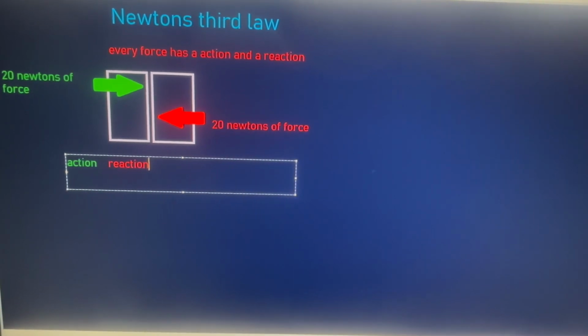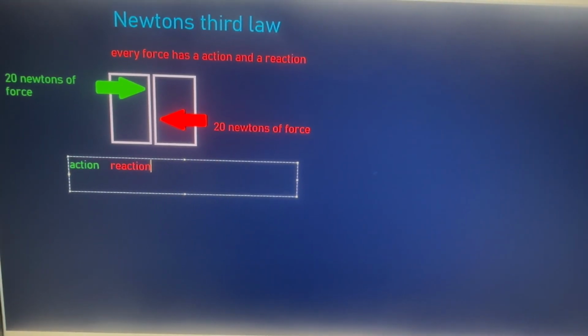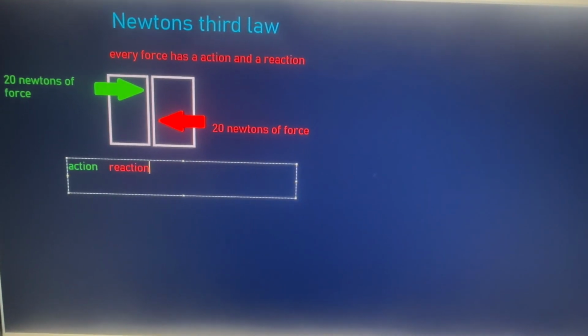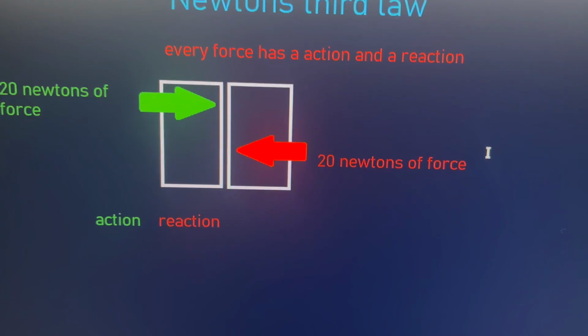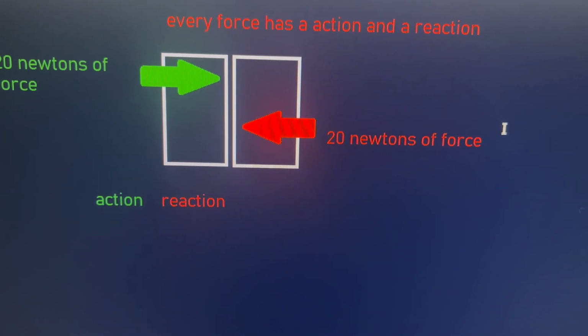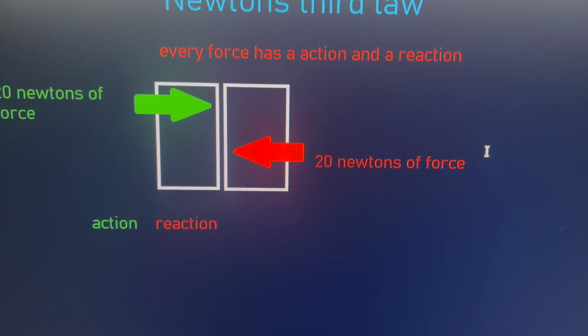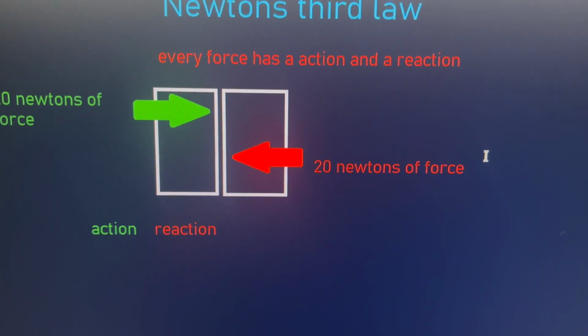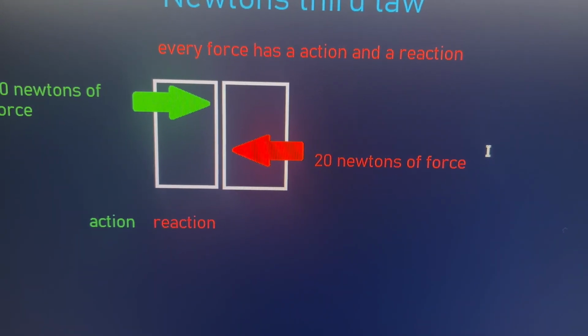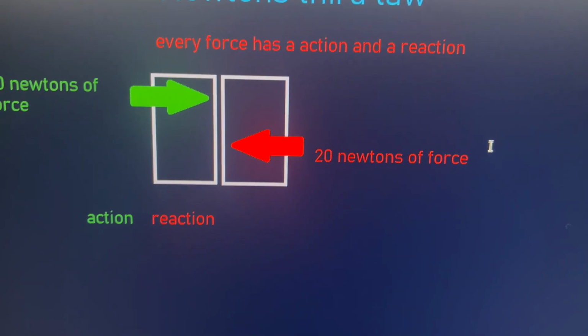Alright, so here's Newton's third law, which says every force will have an action and a reaction. So let's say that the object on the left, the square or rectangle, collides into the one on the right at 20 newtons of force. There's an action and a reaction.